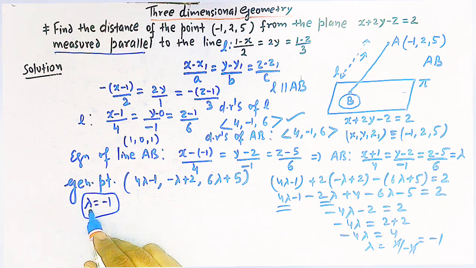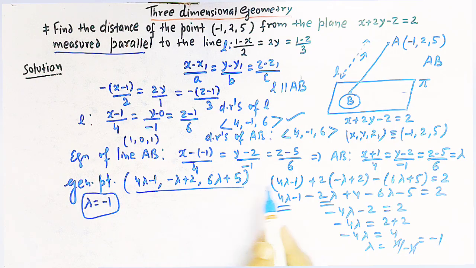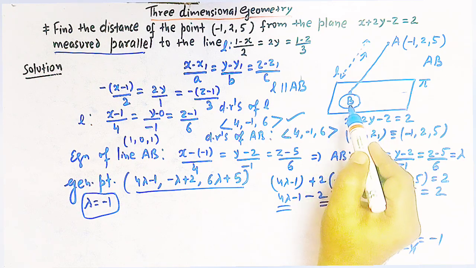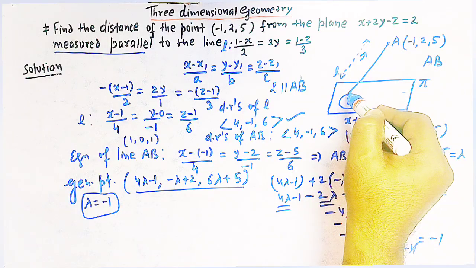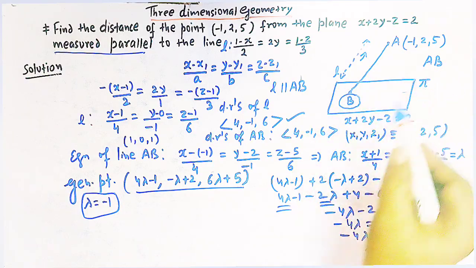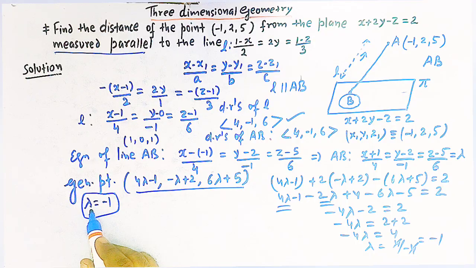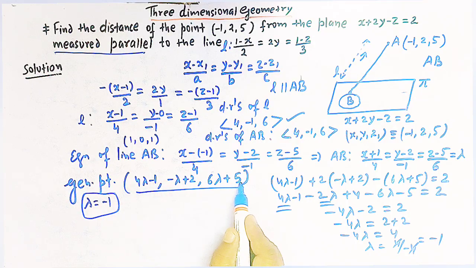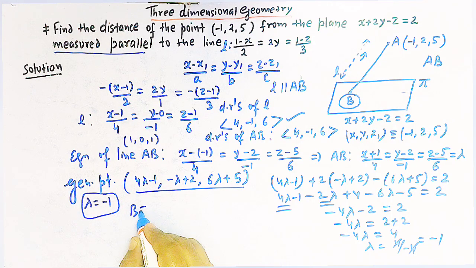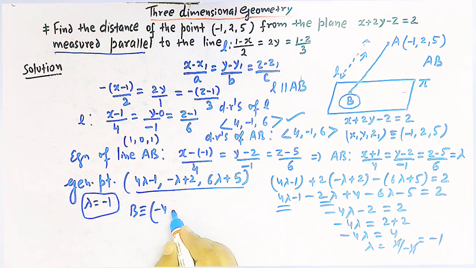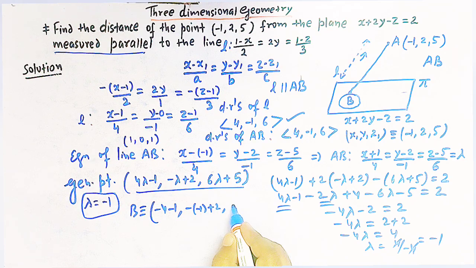So the value of lambda is equal to minus 1. So for this value of lambda, that is equal to minus 1, this coordinate represents this point B, which lies on this line AB and this plane pi. So taking lambda equal to minus 1 in this coordinate, the coordinates of the point B can be obtained as minus 4 minus 1, and here we have minus of minus 1 plus 2, and here we have minus 6 plus 5.